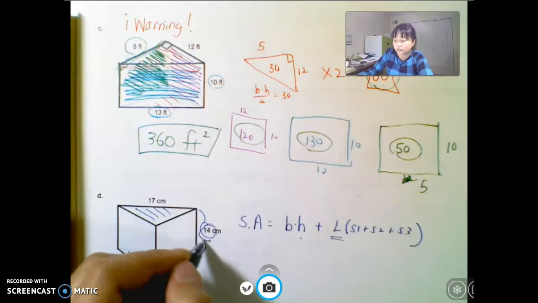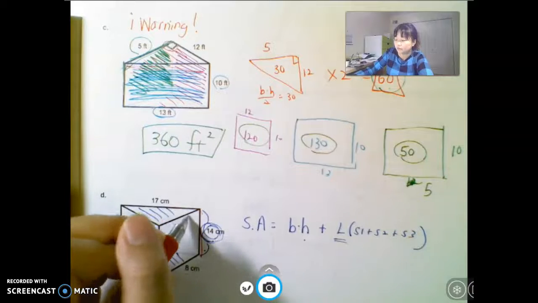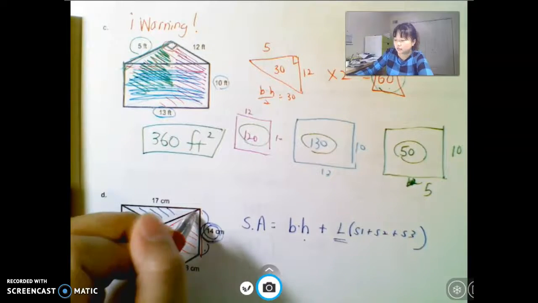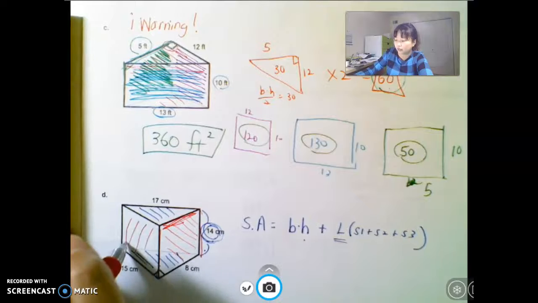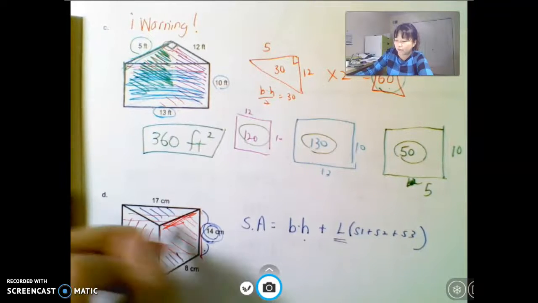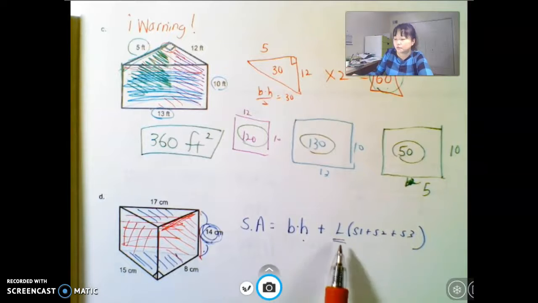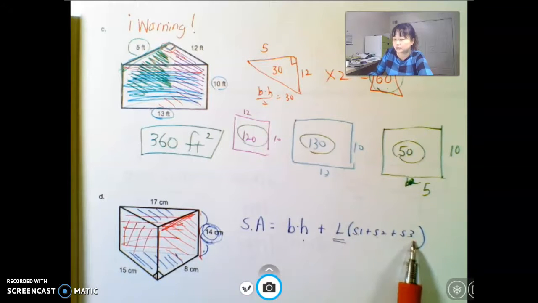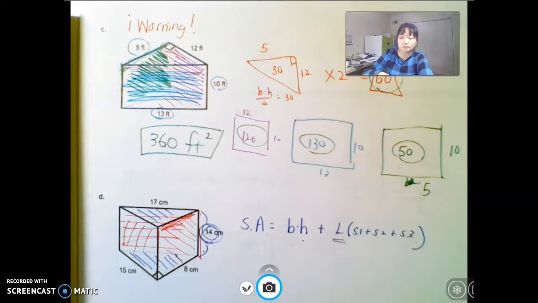And if you notice, this length will be used 3 times: once with each of the bases, and also with the other sides. Do you see how it gets used 3 times? So that's kind of how we summarize it. And S1, S2, S3 stand for the sides of the triangular base.